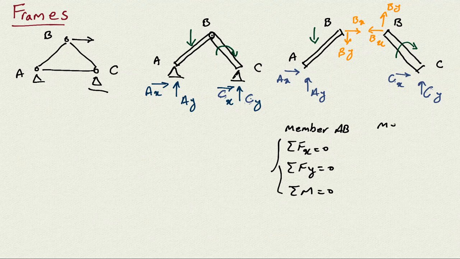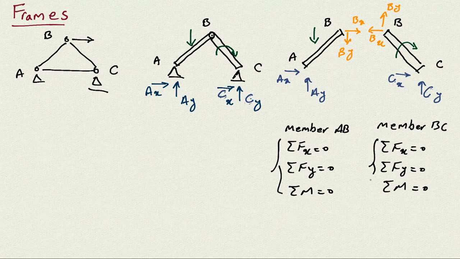The same for member BC: I can write sigma Fx is 0, sigma Fy is 0, and sigma M is 0. In this case, I have three equilibrium equations here and three here, so six equations in total, and I have six unknowns. I can find all the unknowns.